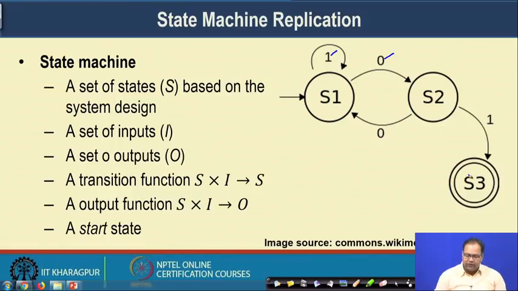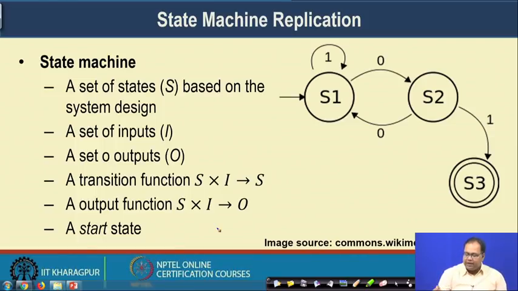Then a transition function. The transition function takes a state and an input as its input, and it produces a state as the output. So, here from state S1, if you take 0 as an input, it produces state S2 as the output. This is a transition function. Then you have an output function which may produce the output of the system.